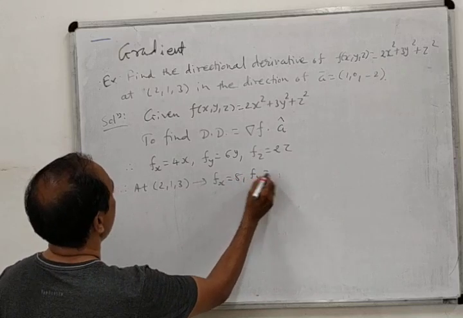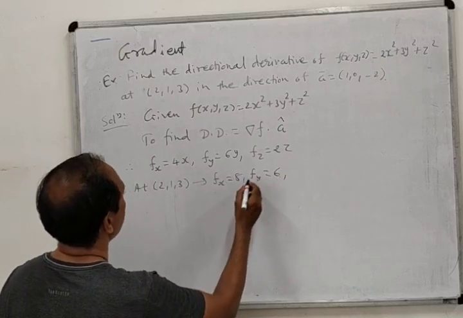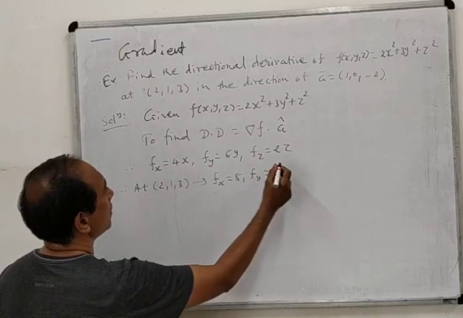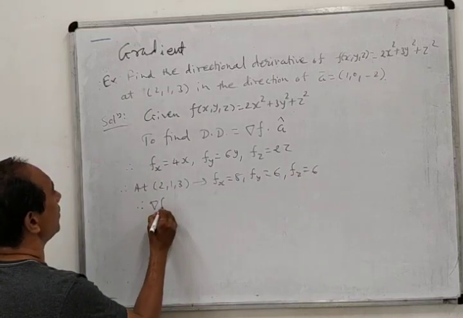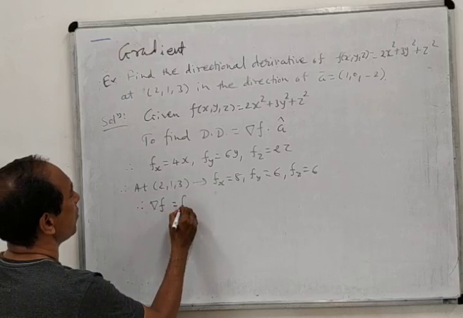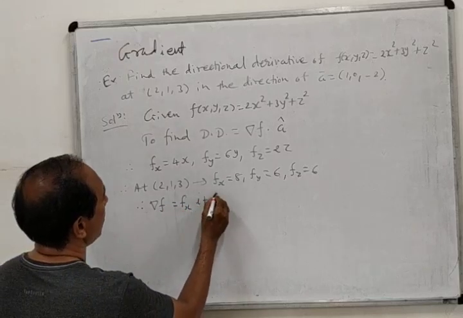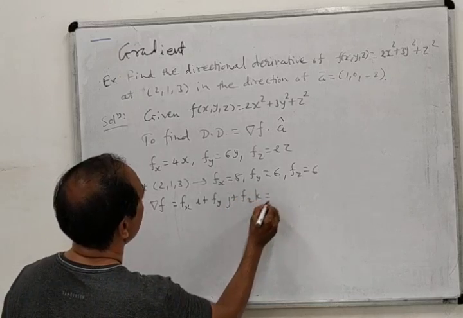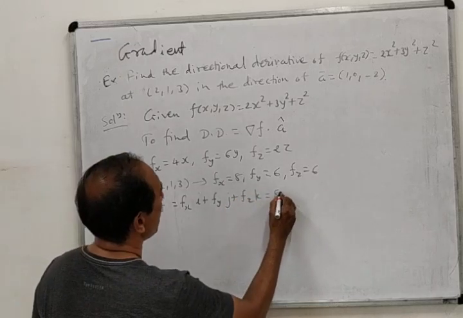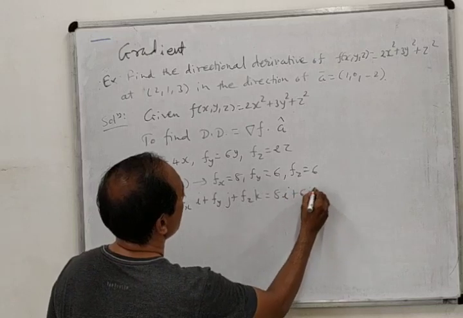F of y, with y equal to 1, is 6. F of z, with z equal to 3, is 6. And therefore we have gradient of f equal to f of x i plus f of y j plus f of z k, so it is 8i plus 6j plus 6k.